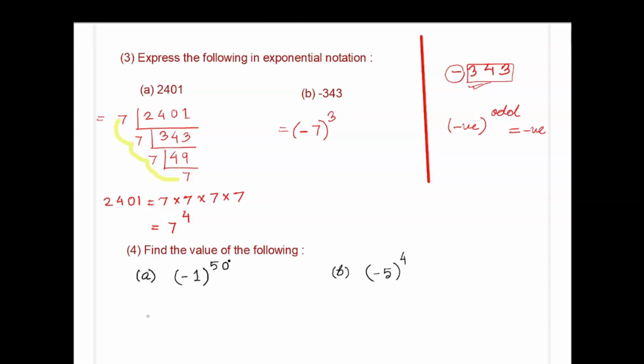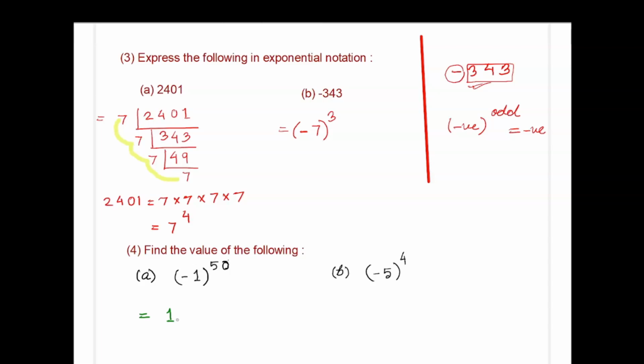Now see, here (-1) power 50, by mistake it is written like a degree. It should be 50. 50 is what number? Even number.